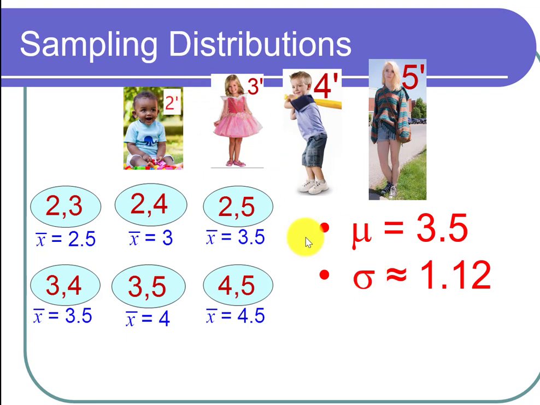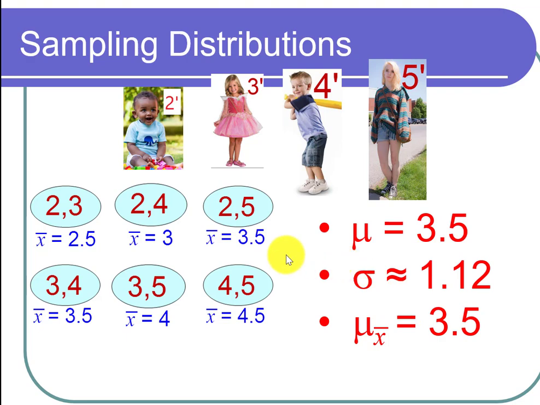Now we want to talk about the sampling distribution's statistics. So I can look at the mean of 2.5, 3, 3.5, 3.5, 4, and 4.5. And when I add those up and divide by 6, I, not coincidentally, got 3.5. So I say that mu sub x bar, which is the mean of the population of all possible sample means, is 3.5.